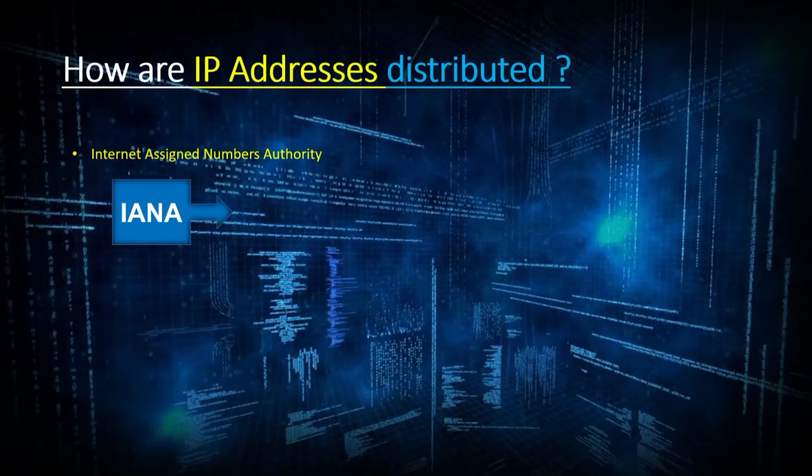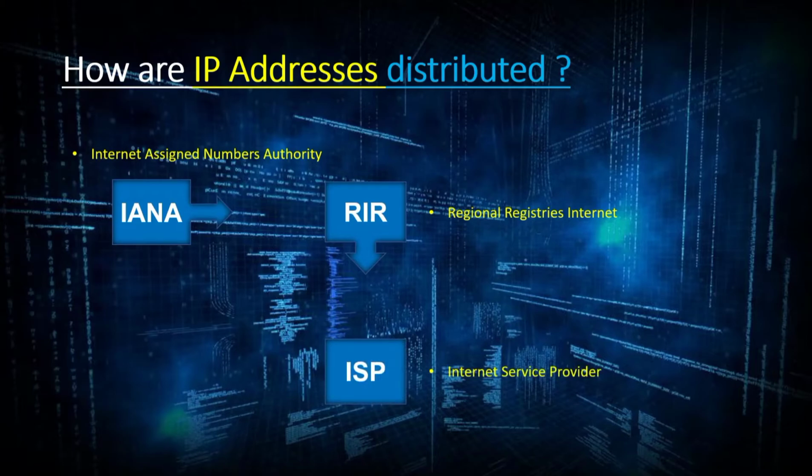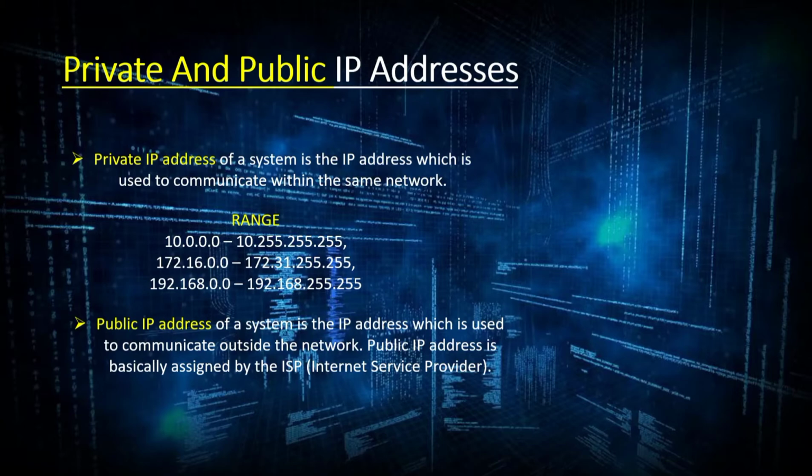IANA distributes IP addresses to 5 regional Internet registries, that is RIRs, one of them being ARIN, American Registry for Internet Numbers. Then IP addresses are distributed to companies such as ISPs, Internet Service Providers, which provide unique IP addresses to their clients.